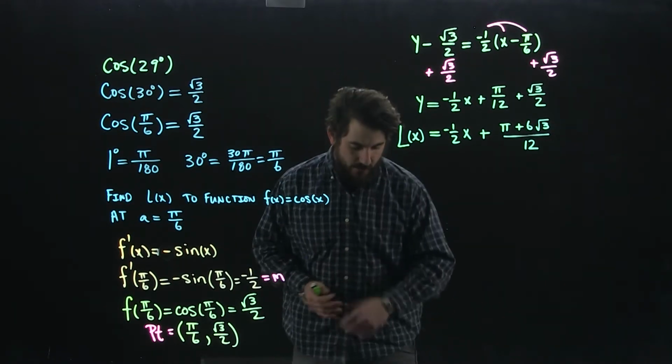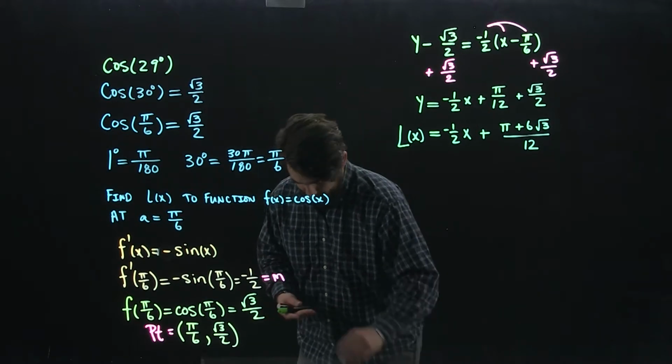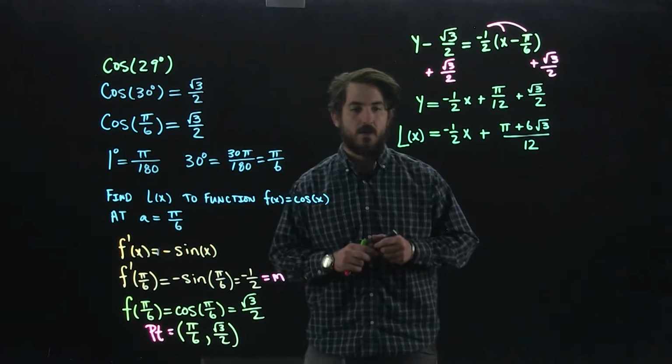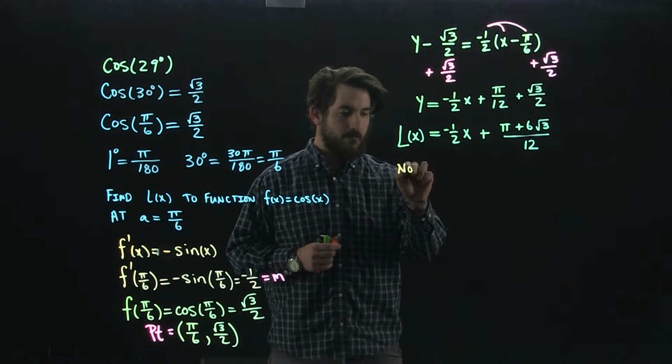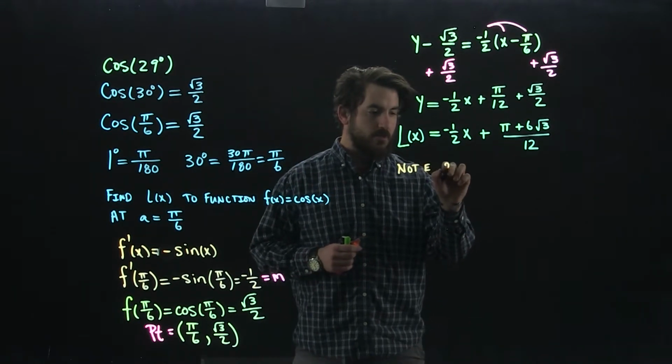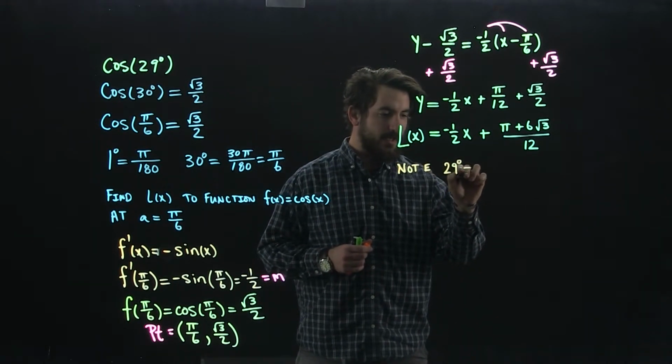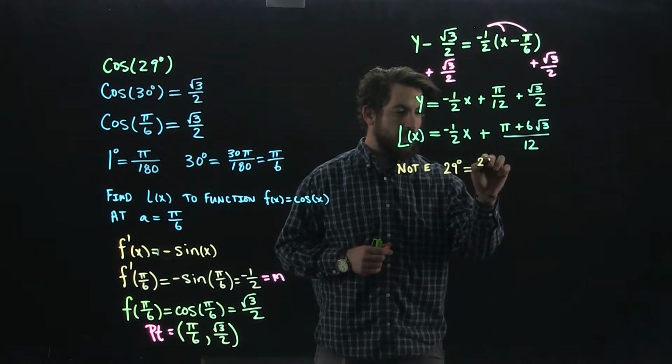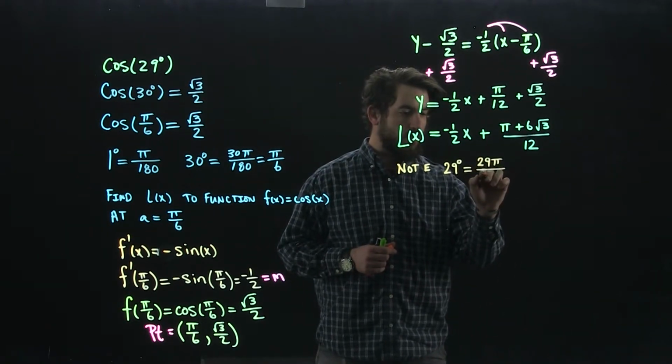So what we need to do is note that 29 degrees equals 29 pi over 180.